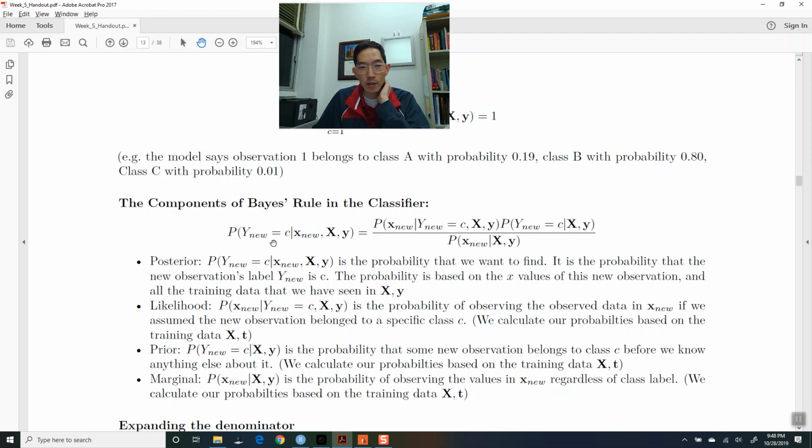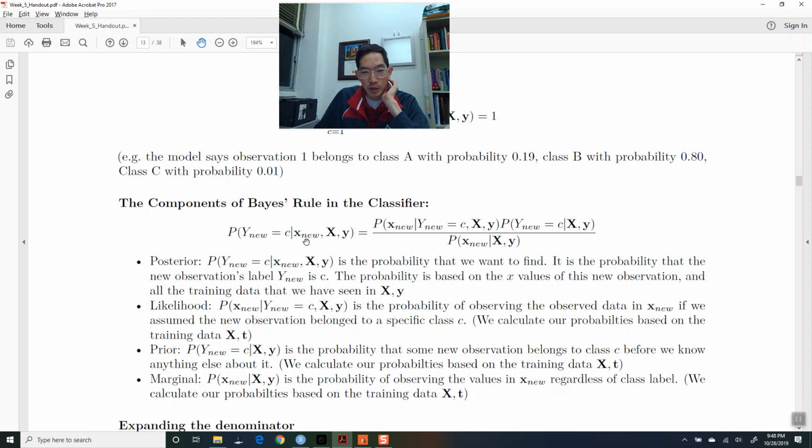And this is the value that we want to find. It's the probability that this new observation, which we don't know the class of, is class C. What's the probability that it's a cat, versus the probability that it's the medium-sized dog, versus the probability that it's the bigger-sized dog, okay?